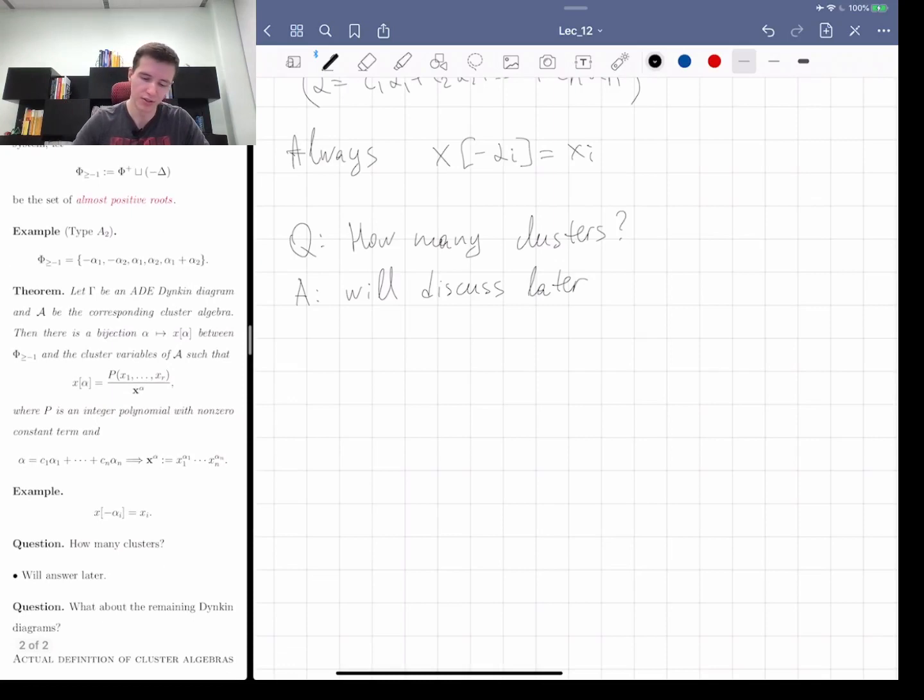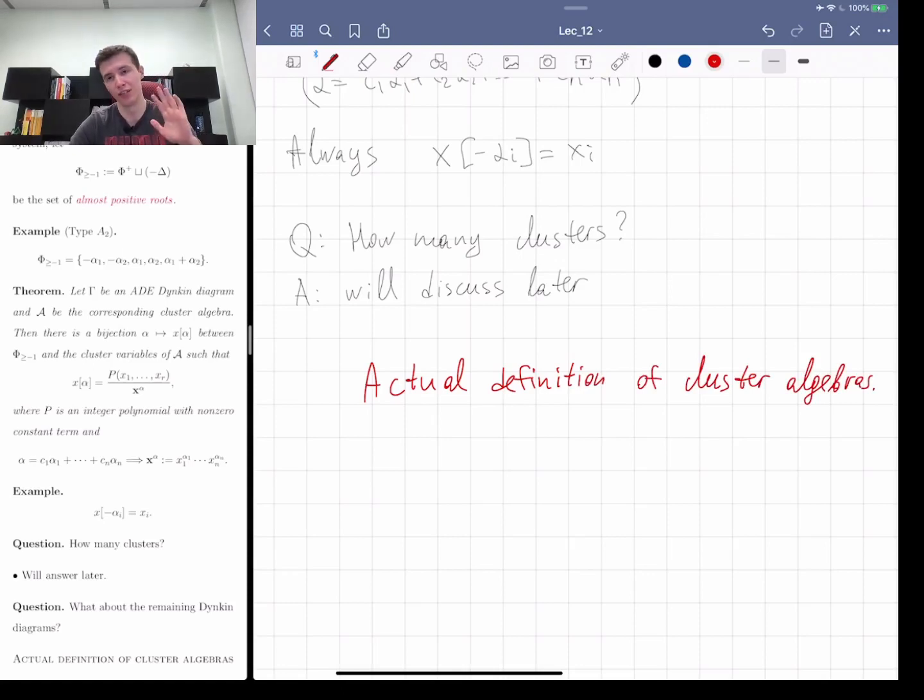me now proceed to the actual definition of cluster algebras. So far I've been only talking about quivers, and for the rest of the class, quivers are going to be enough.